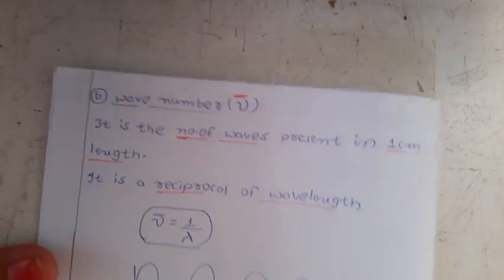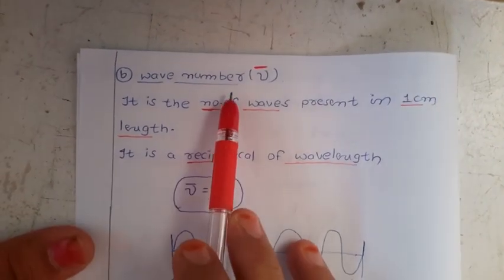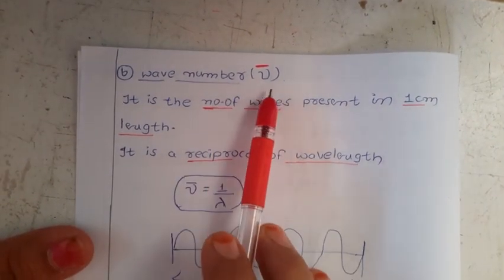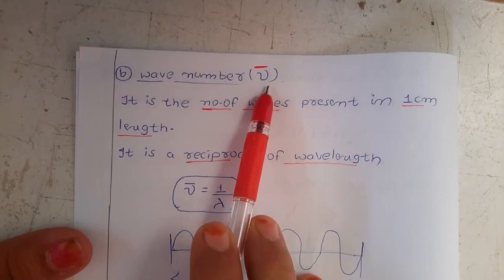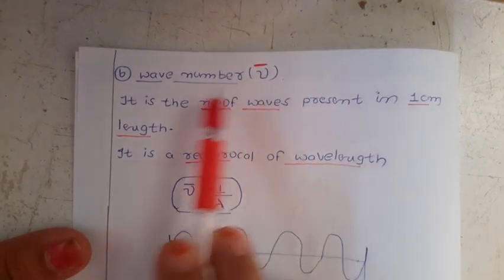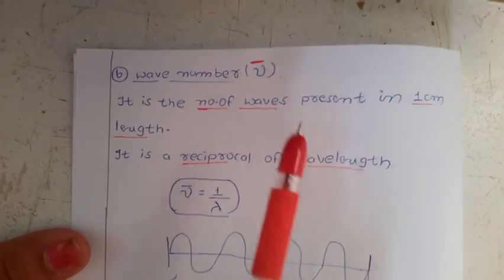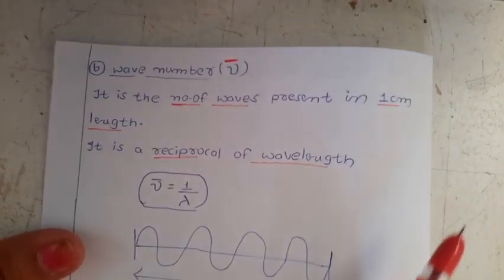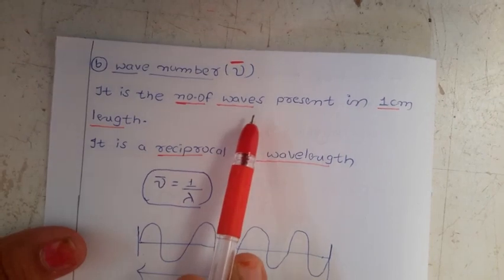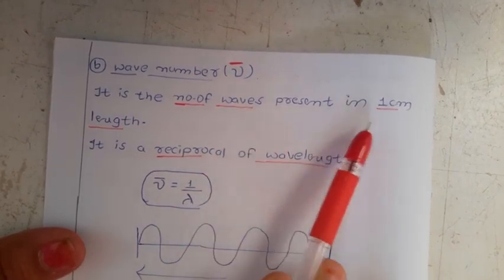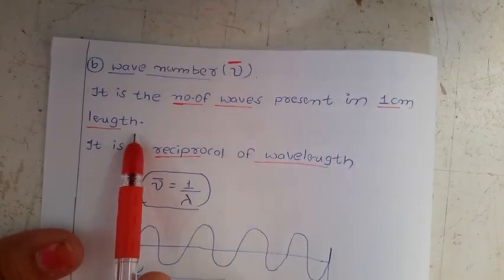Next we have the wave number. The symbol for this is nu bar. Next we have the frequency, only nu, so be careful: wave number means nu bar. How can you define this? It is the number of waves present in 1 centimeter length. What is the meaning of that?